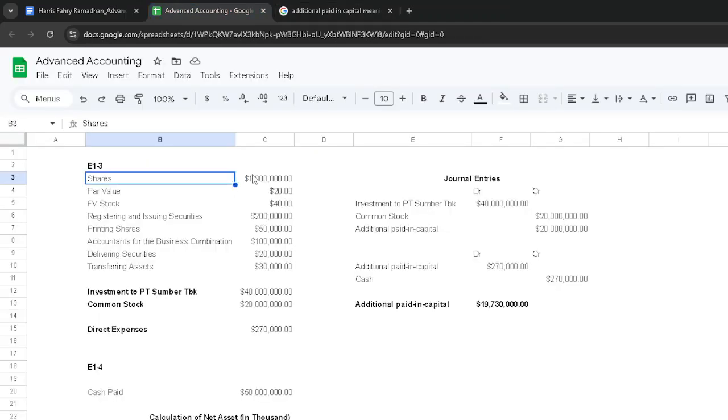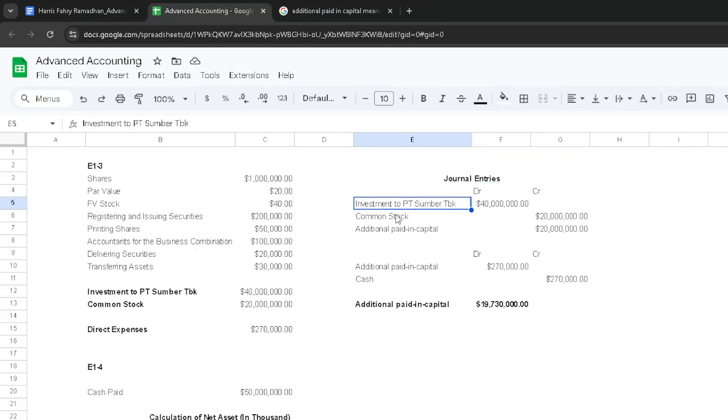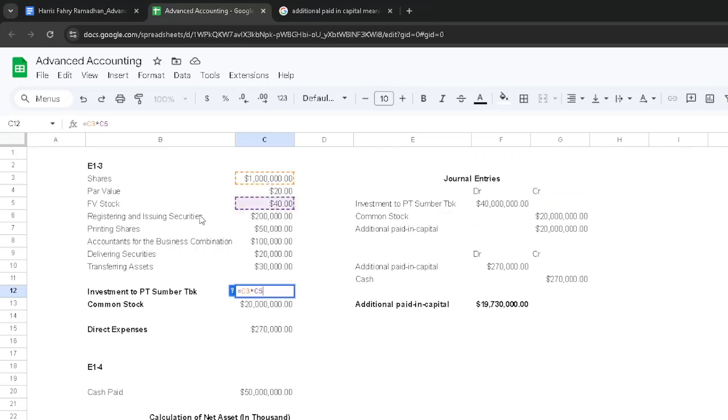The way I put it here to solve the question is, let's just look at the journal entries. I have the investment in PT Sumber. This is the investment that Pratama has made in PT Sumber, which is 40 million. I got this from multiplying the fair value of the stock by the number of shares.